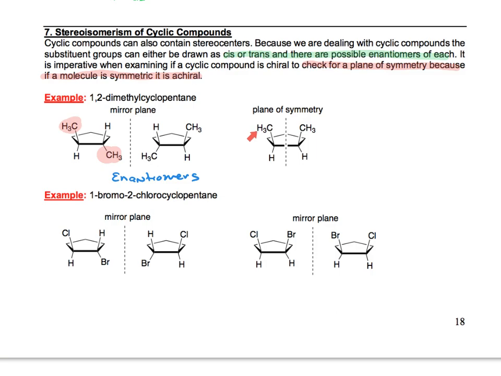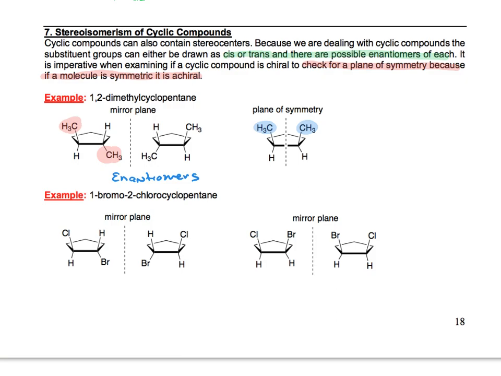Where in the case of the cis isomer, where our two groups are cis to one another, you notice that when you look at this compound, your eyes go to the symmetry. You can see here that this half of the molecule looks like this half of the molecule. And because of that, if I split this ring down the middle with a mirror plane, you can see that we've got this side as the mirror image of this side, and we've got a plane of symmetry.